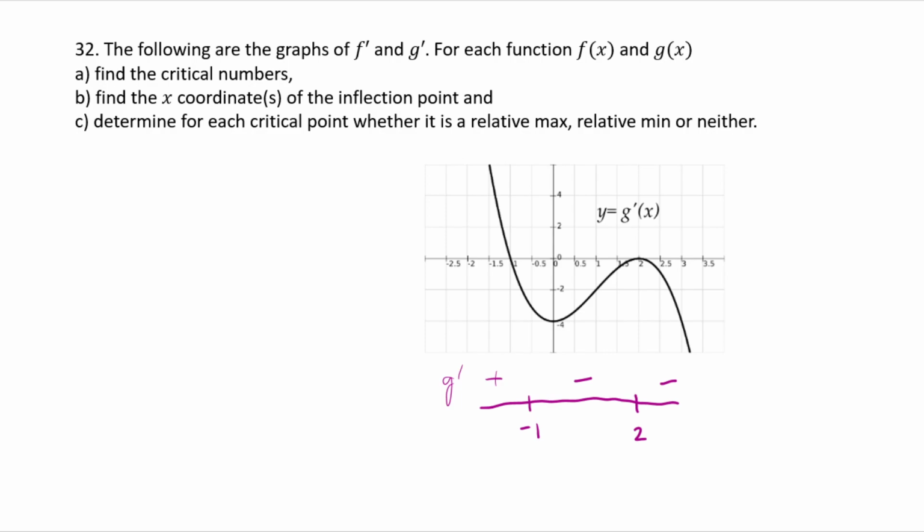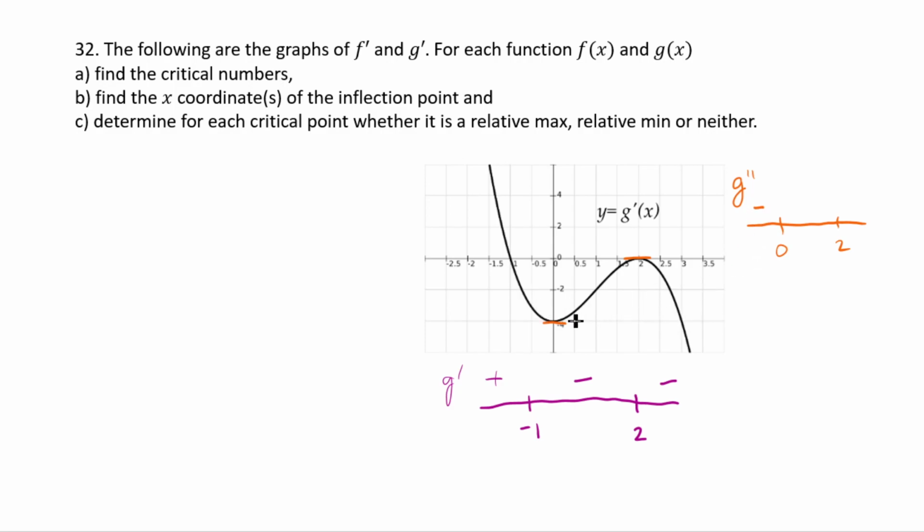Well, we need that anyway, so let's talk about g double prime. Okay? So for g double prime, the graph has horizontal tangent line at 0 and 2. And before 0, the graph is decreasing, and therefore its derivative must be negative.